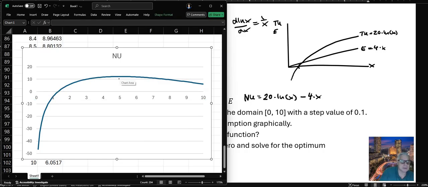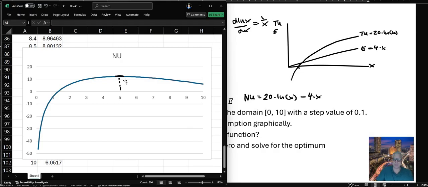Why is that a maximum? Because at this point the slope of the net utility function is 0.